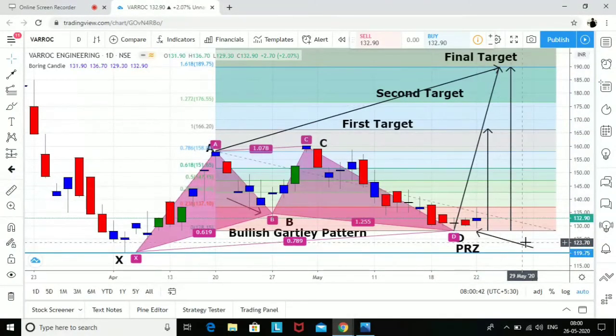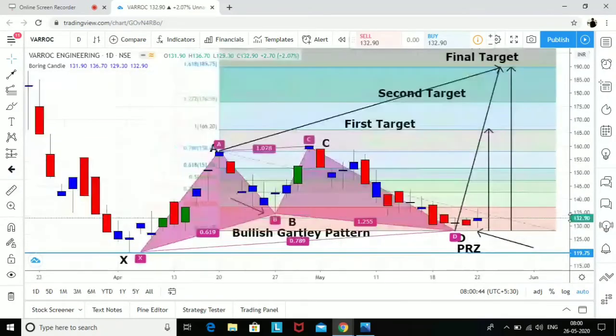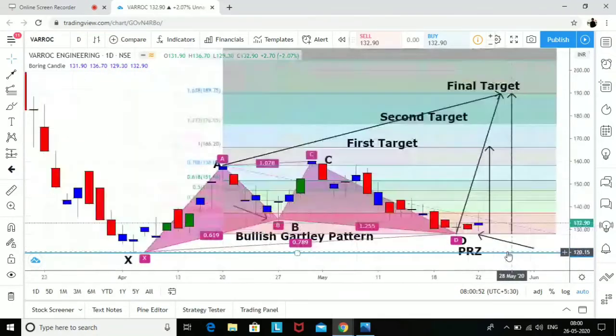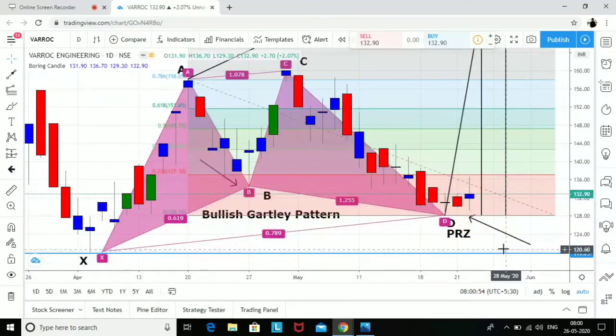As of now, the current market price is 132. The price reversal level was 128, and the stop loss is somewhere around 119. So this is a very low risk reward trade which you can initiate. There was this red, blue, red, red. It went till the zone, and then now it is somewhere around 132.